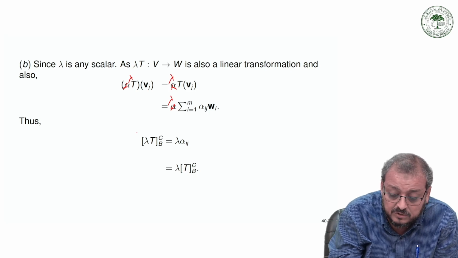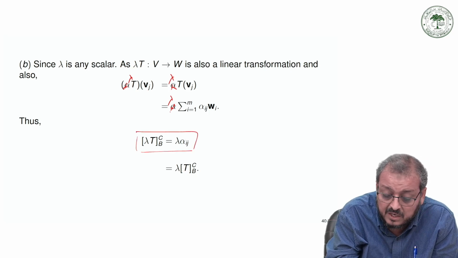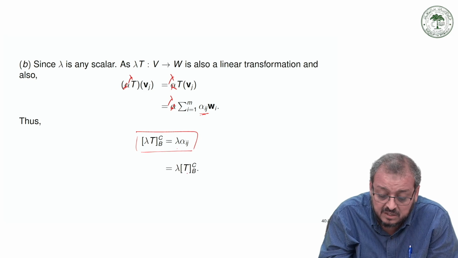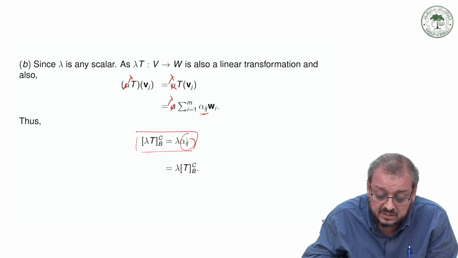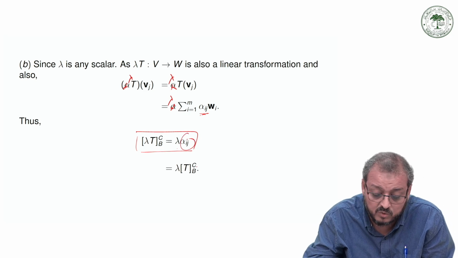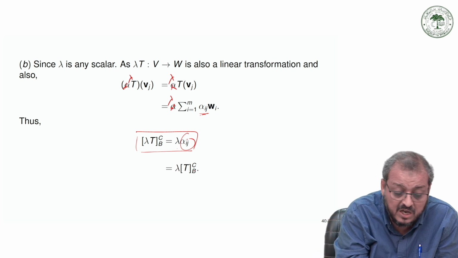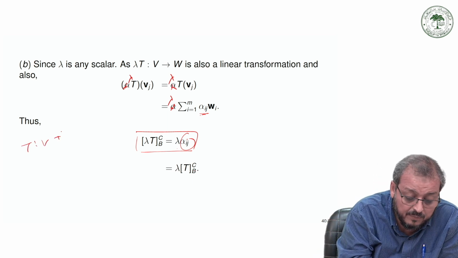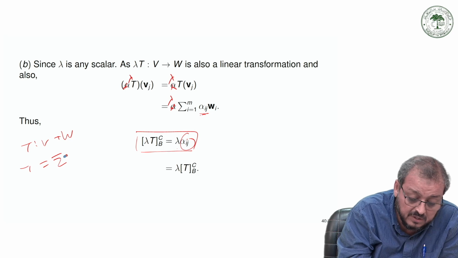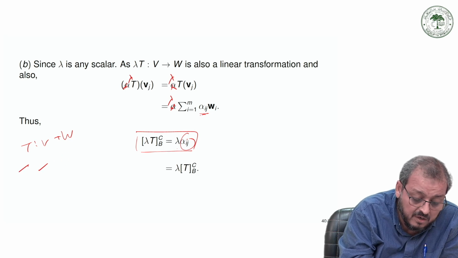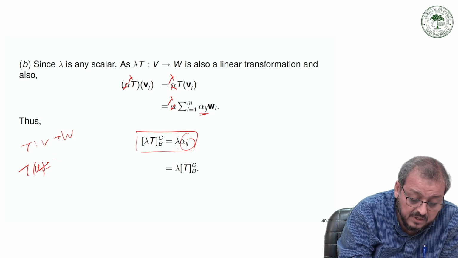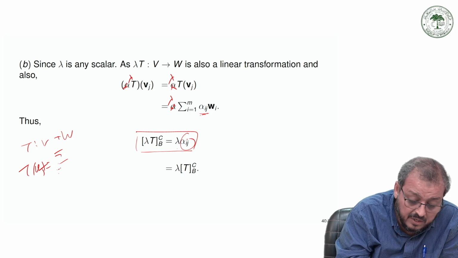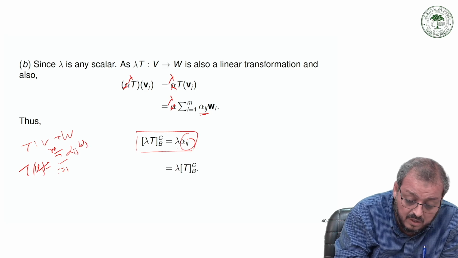Now if this is written in this form, then lambda times T with respect to the bases is equal to lambda times this. If we have T from V to W, then clearly T can be written in the form of T of Vj, which can be written as the sum over i running from 1 to m of alpha ij wi.